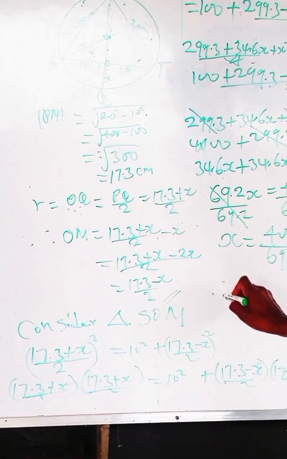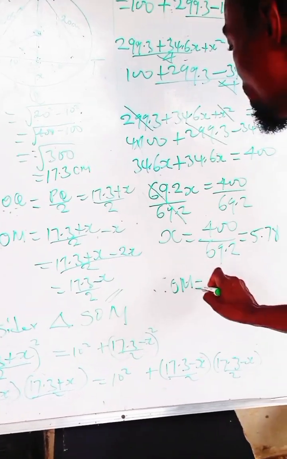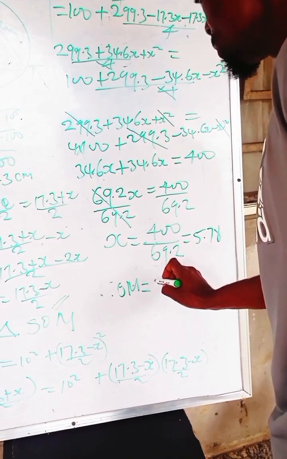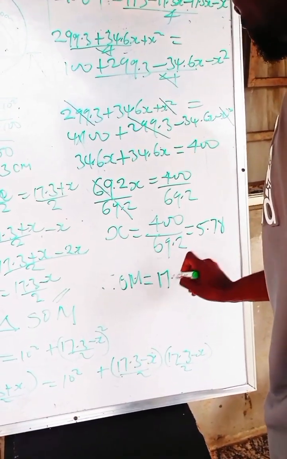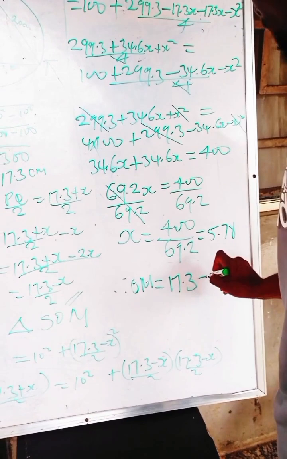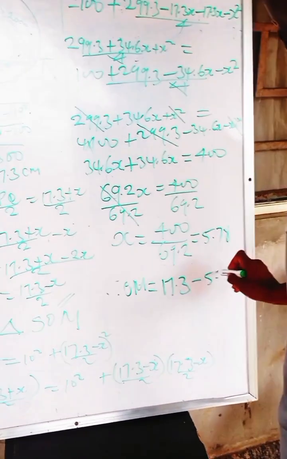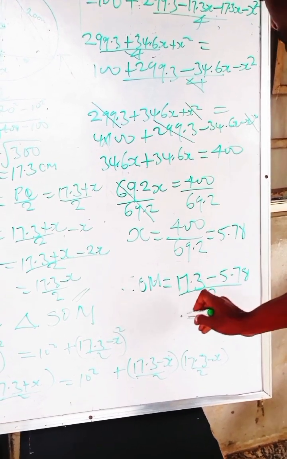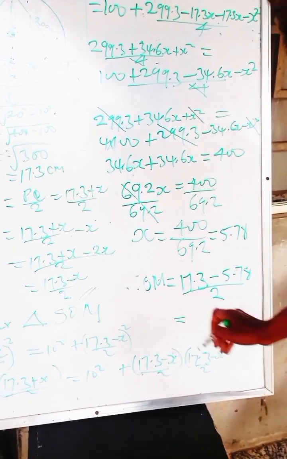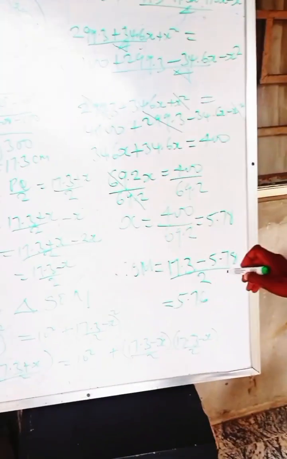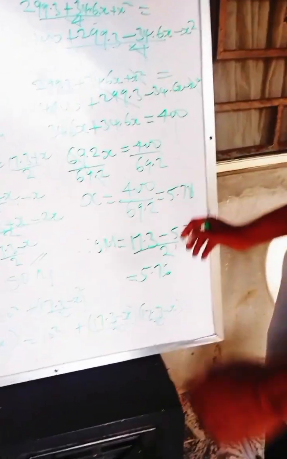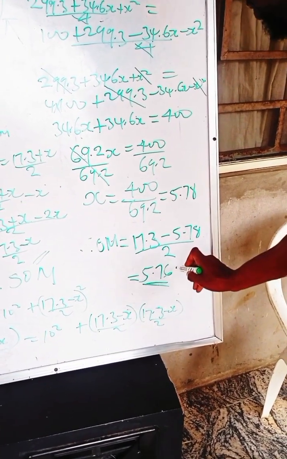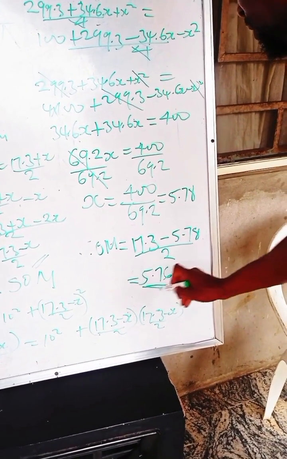So we can now say therefore OM is equal to 17.3 minus x, where x is 5.78, then we divide it by 2. Having done this, we have gotten the final answer, which is 5.76 cm.